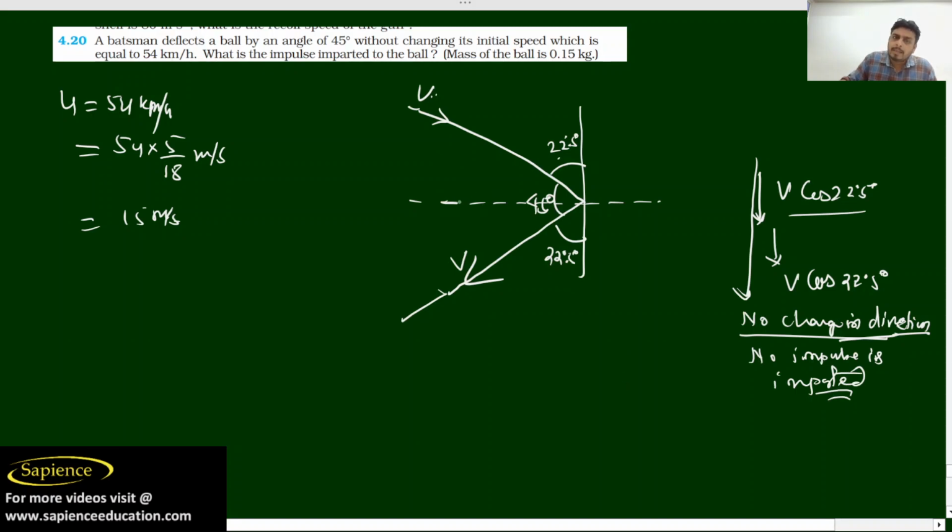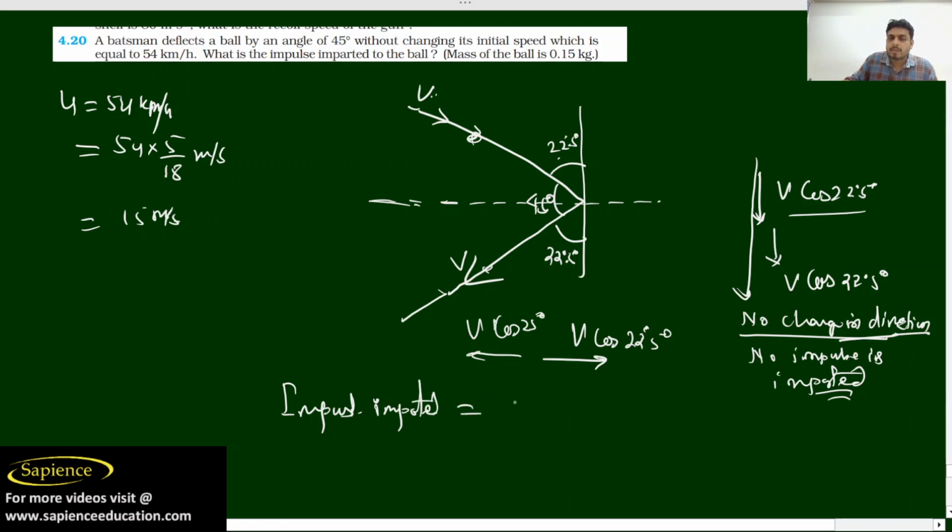But in the horizontal direction, due to this force, we are getting v cos 22.5 degrees in this direction and v cos 22.5 degrees in the other.